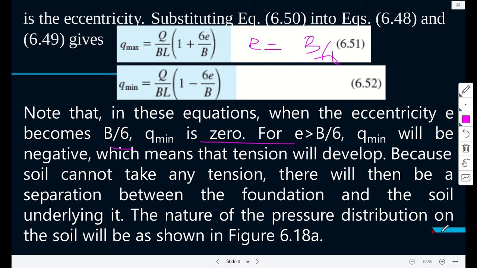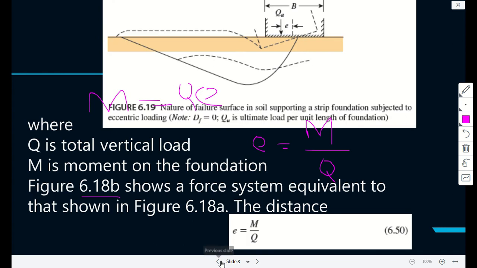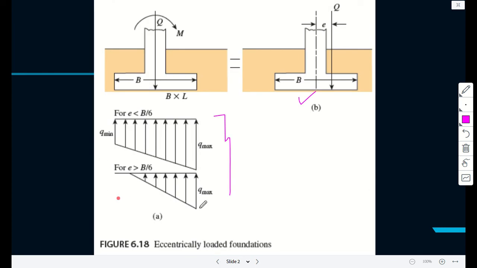The nature of pressure distribution on the soil will be as shown in Figure 6.18, which we've already seen here. So for some distance, B over 6 is the key value that separates when soil takes tension.